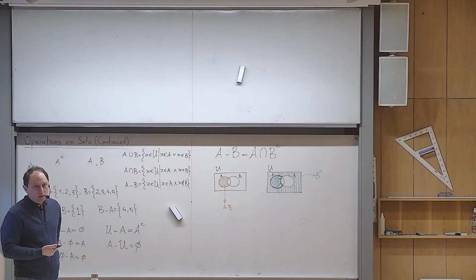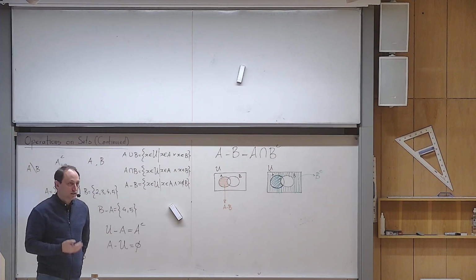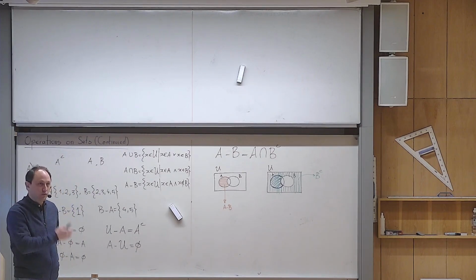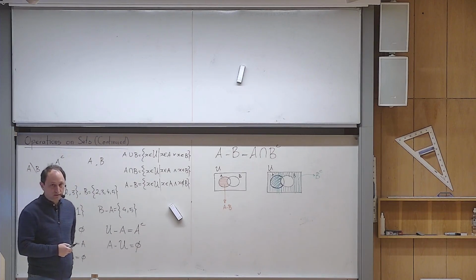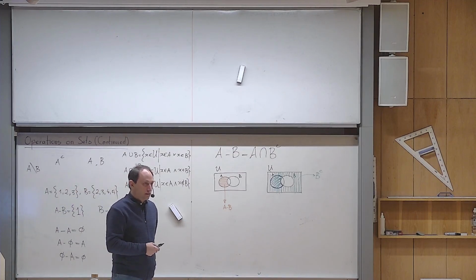Well, every element in A is in B, could also say. No, this is not complete. If every element of one set is in the other set, it doesn't mean they are equal. It means the first one is a subset of the other one. Was it that every element of A corresponds to the same element in B?